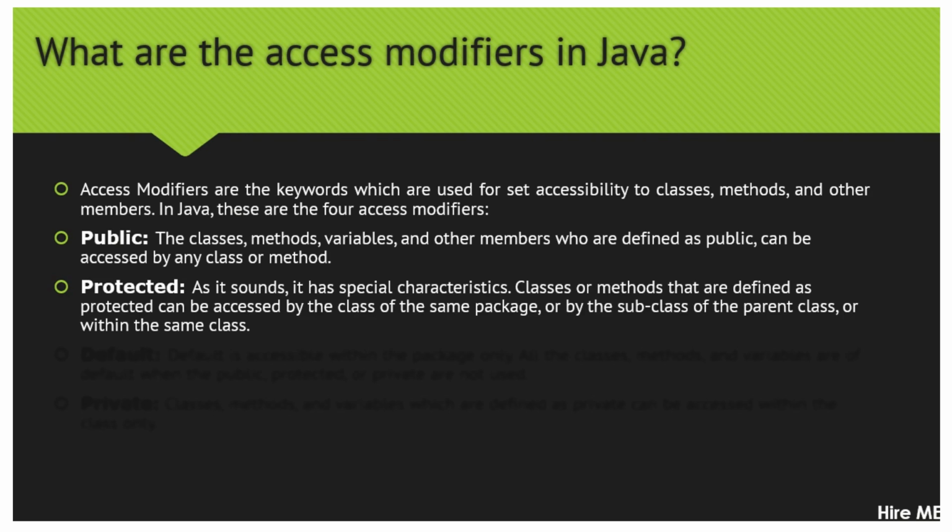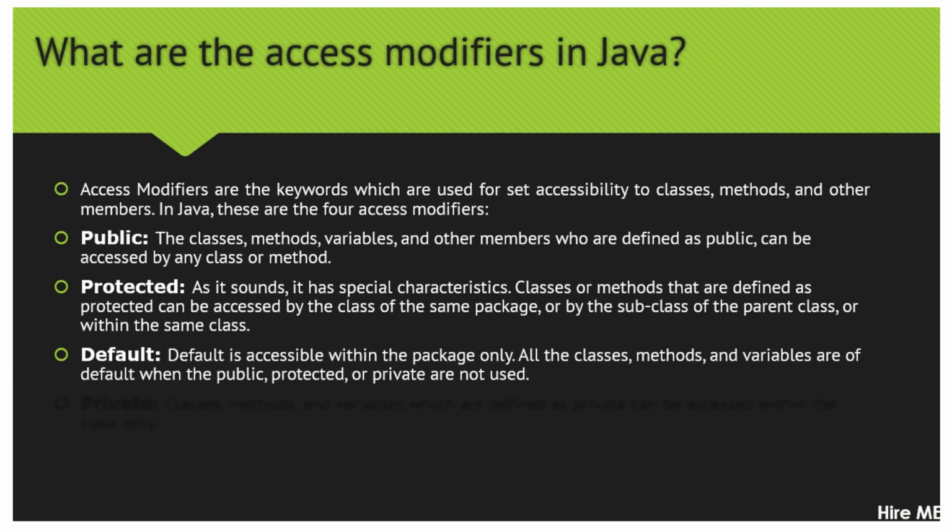Classes or methods defined as protected can be accessed by classes of the same package, by the subclass of the parent class, or within the same class, but not throughout the whole Java program. So it's restricted to a few classes or methods.